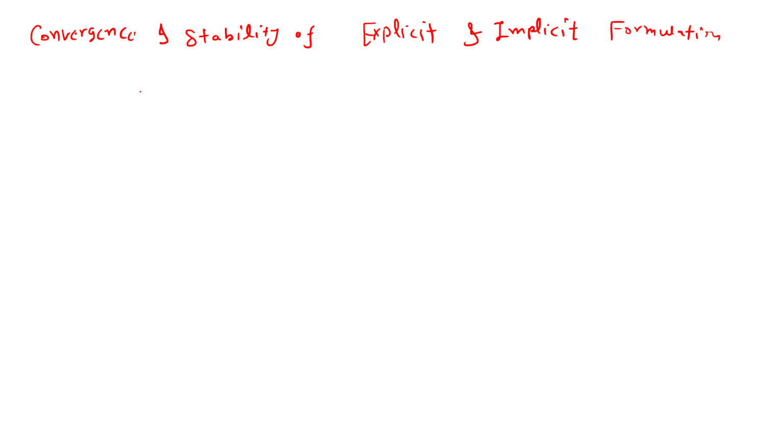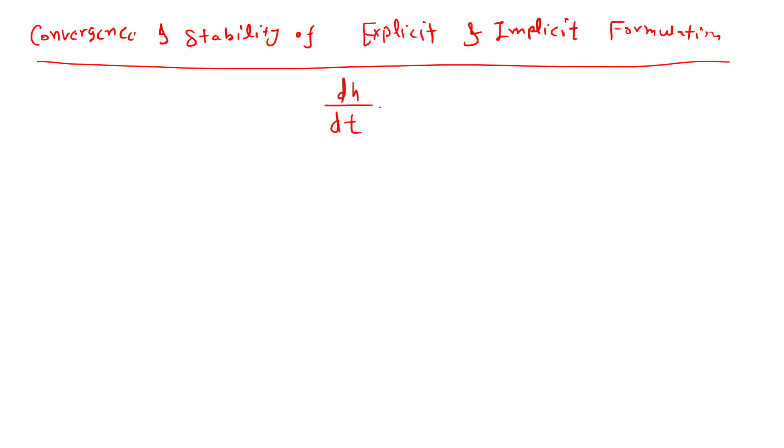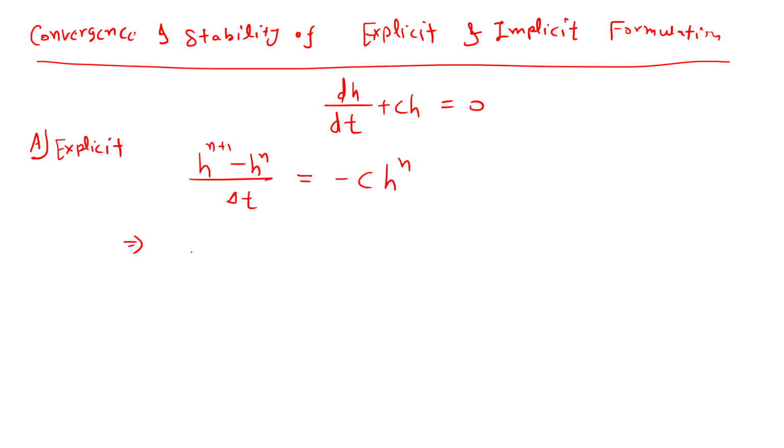So we will understand this with one example, that is dH over dt plus CH is 0. So let us do the explicit discretization. The explicit discretization says that (h at n plus 1 minus h at n) divided by delta t is nothing but minus c h^n. This implies that h^(n+1) is nothing but (1 minus c delta t) h^n.